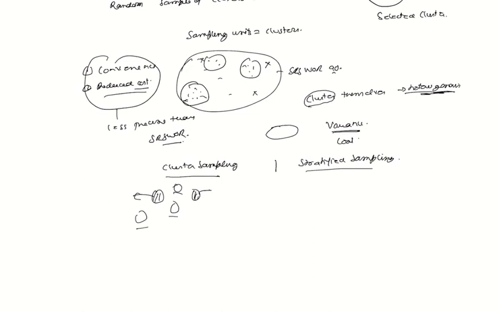Here in stratified sampling, the population is grouped into strata, and then within each stratum we select a random sample of elements. So some elements are observed from each stratum.